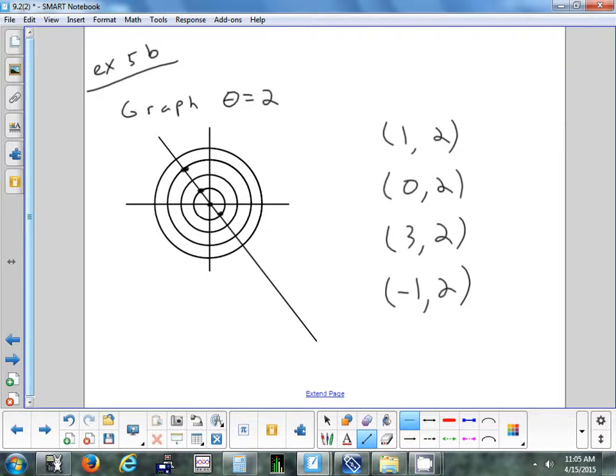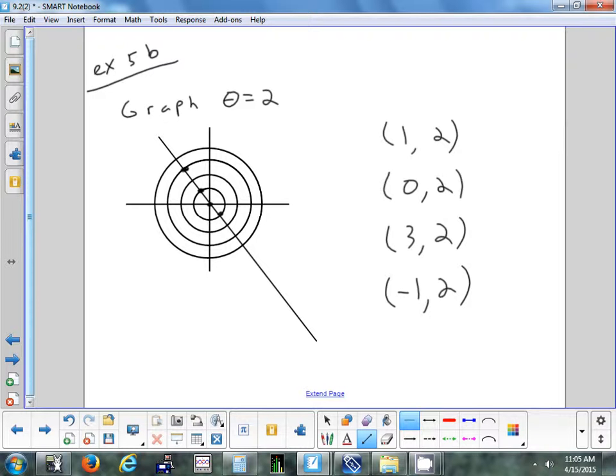So if you want to graph a line that goes through the origin, it's pretty easy to do. Just let theta equal any number. If you change theta, you'll change the slope of it. In a little bit, we'll talk about how you could graph any line. That gets quite a bit more complicated.